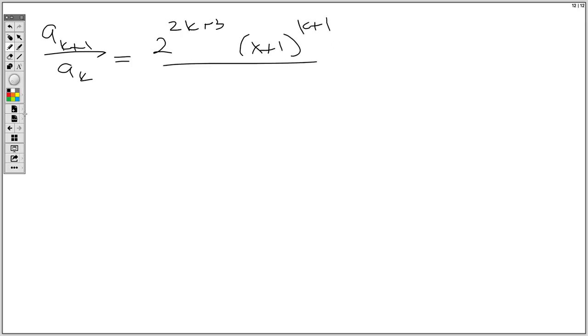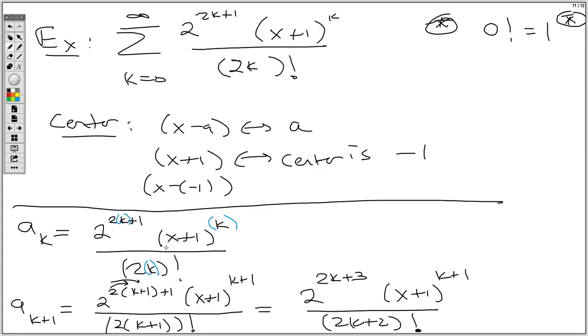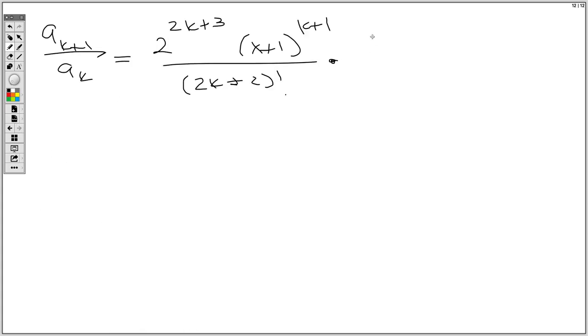So let's set up the ratio: a sub k plus 1 divided by a sub k. We've got 2 to the 2k plus 3 times x plus 1 to the k plus 1 all over 2k plus 2 factorial. We're dividing by a sub k, so we're dividing by this fraction, and we multiply by the reciprocal: 2k factorial over 2 to the 2k plus 1 times x plus 1 to the k.